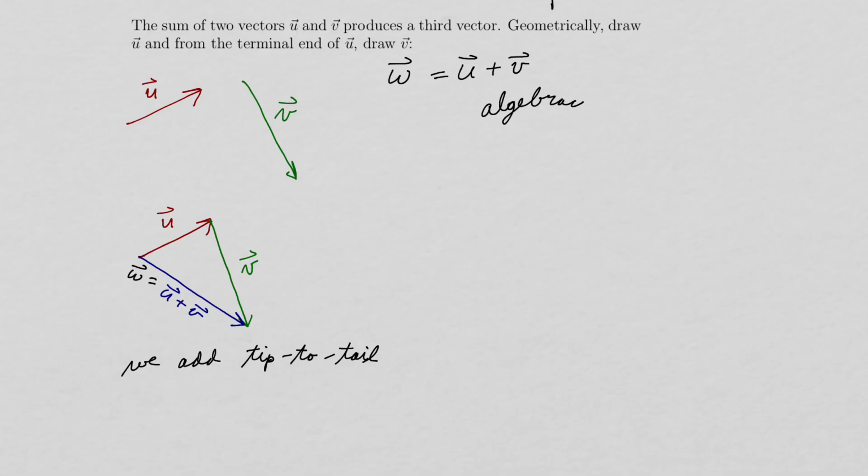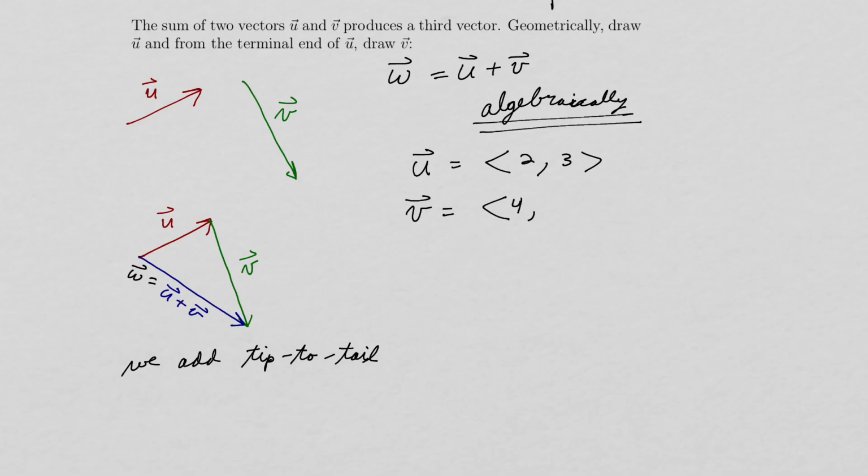So let me draw this out. Let me give particular values for u. Let's say u has an x component of 2 and a y component of 3. And then v has an x component of 4 and a y component of negative 5.